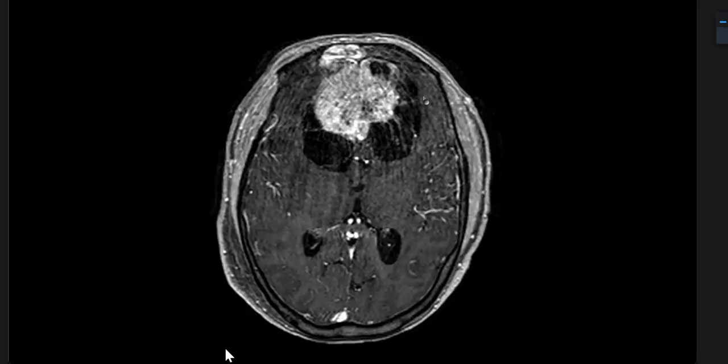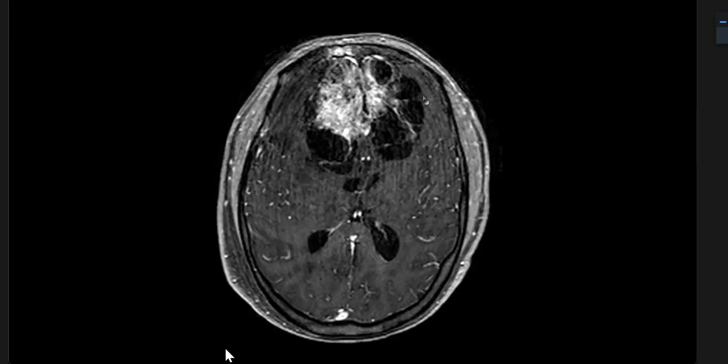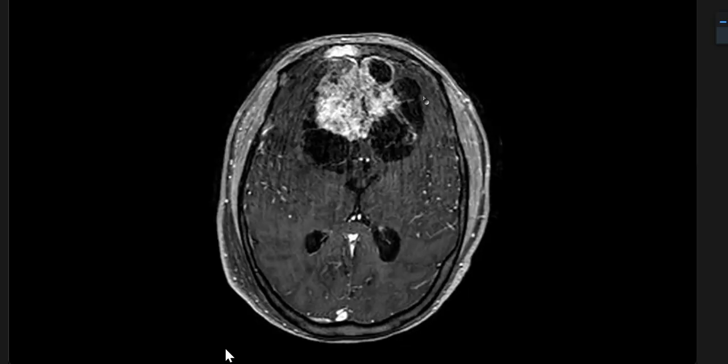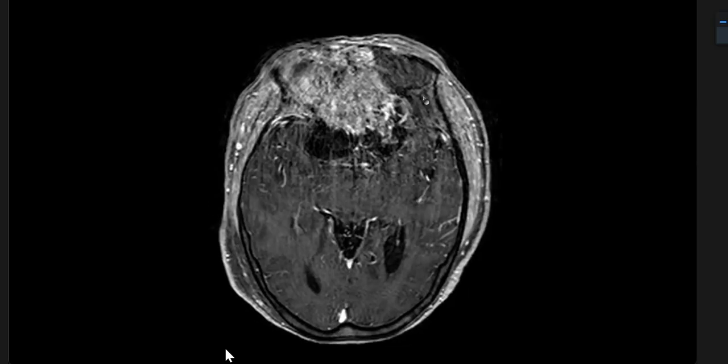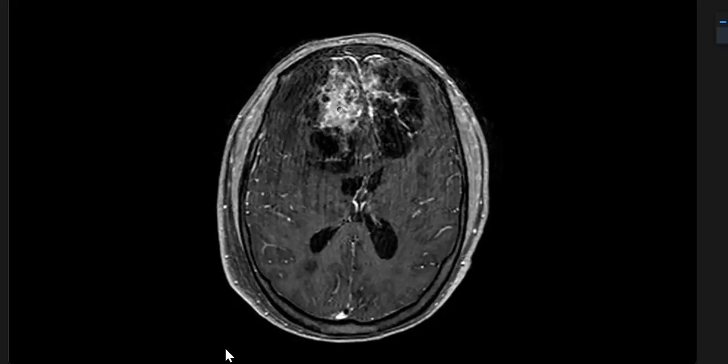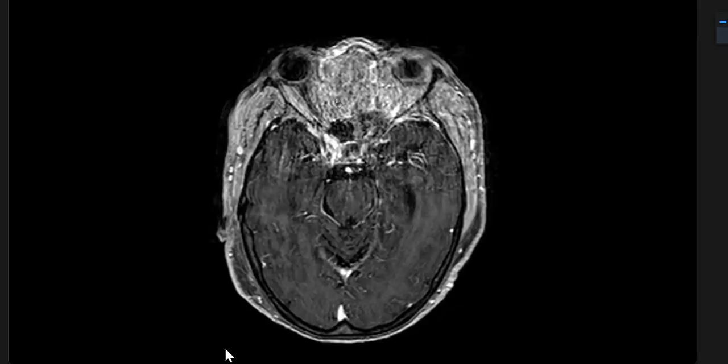I could see the cystic areas between the mass and the normal brain, with a bit of enhancement. There may be a bit of calcification, which is again found in these kinds of masses.